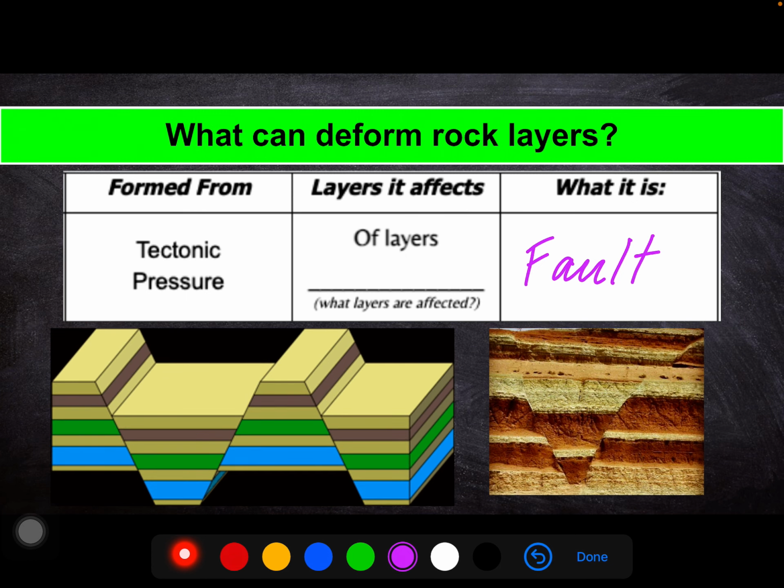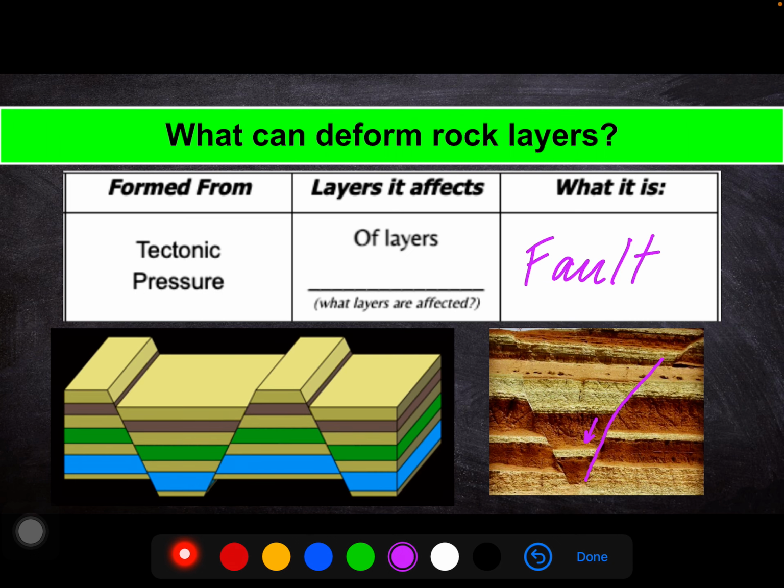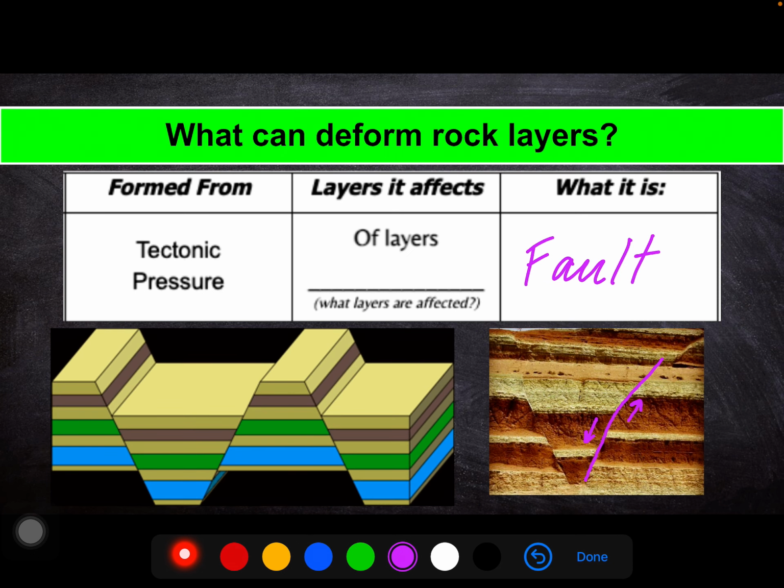So in our cross sections, we're going to start to look for some of these deformations, and we're looking for these actual cracks where we have rock layers that we can see have slid from their original state of being horizontal. And again, that's from tectonic pressure.